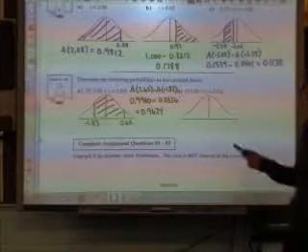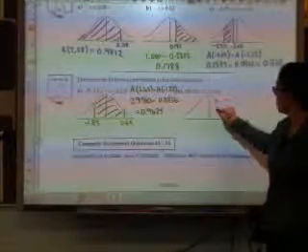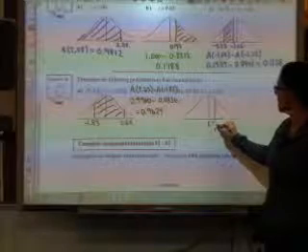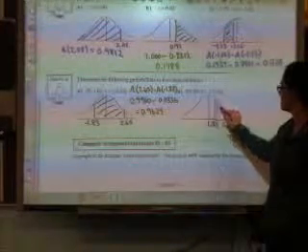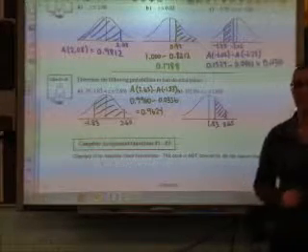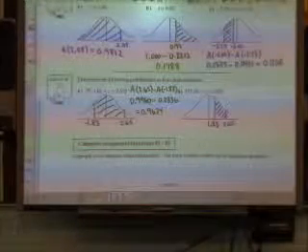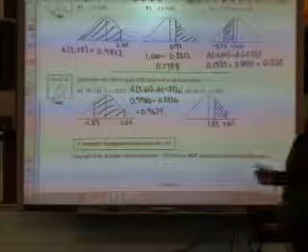And then the next one, I have 1.83 and 2.65. So looking at this sketch, I should be able to guess that this is going to be a much smaller number.